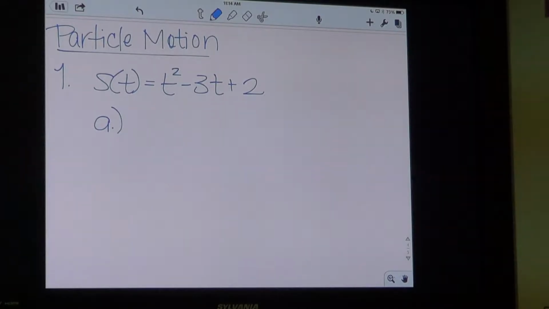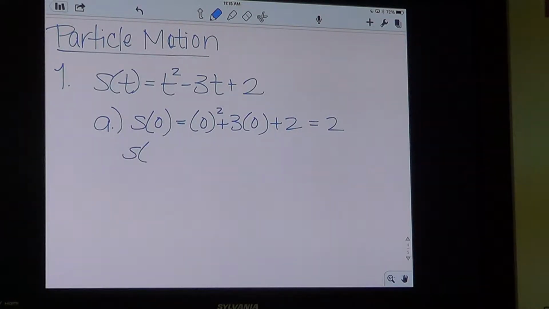So to find the displacement during the first 5 seconds, we're just talking about position, so we'll find the position at time 0, which is going to be 2, and the position at time 5, which is 42. 40.